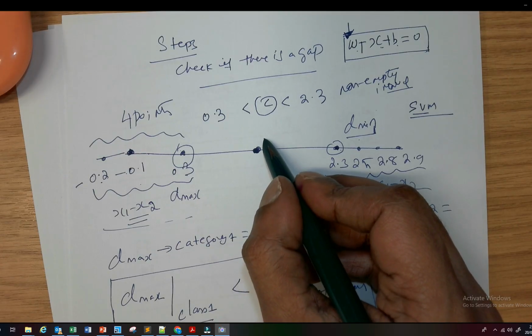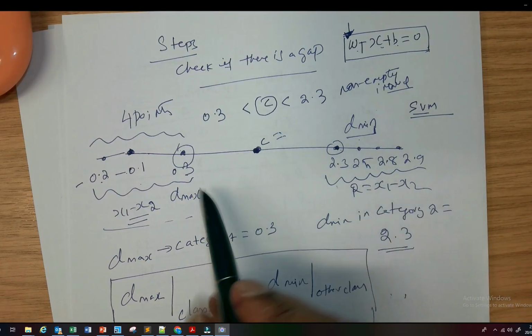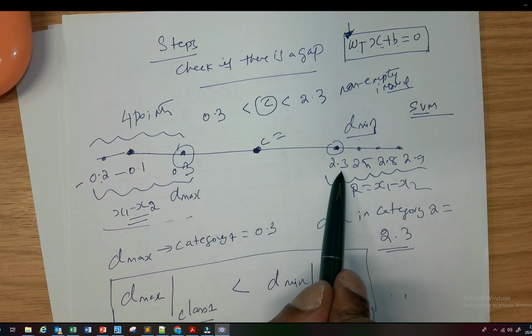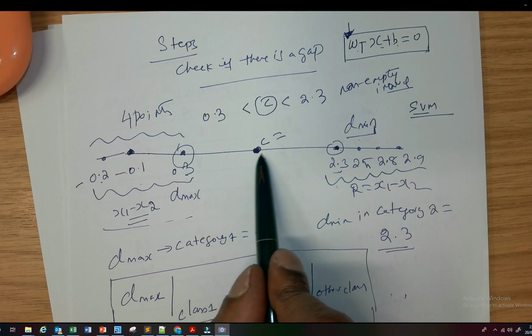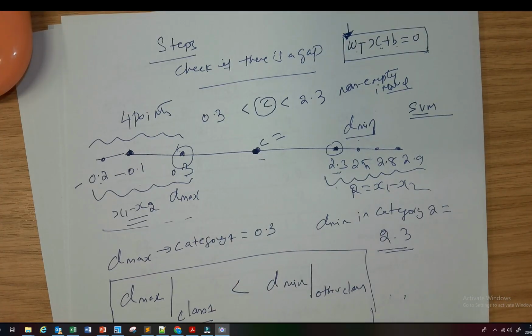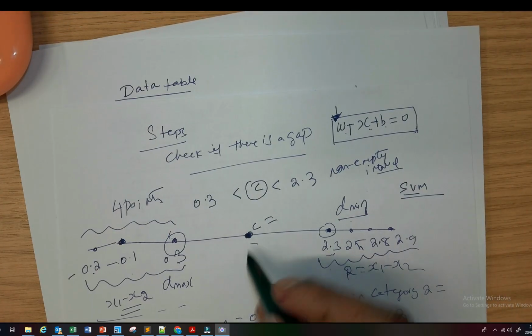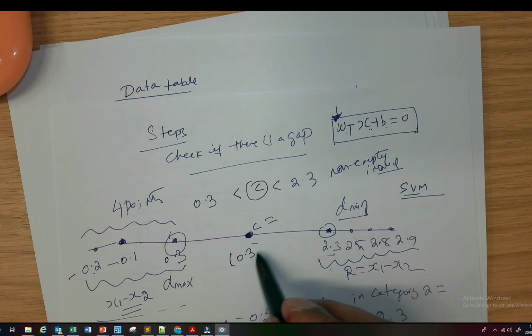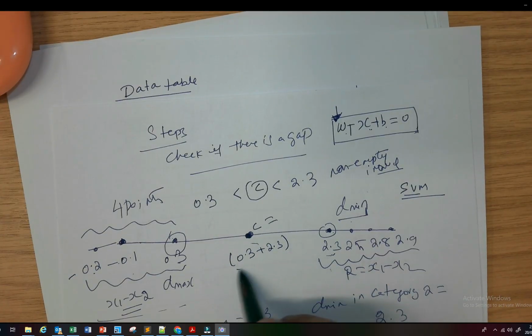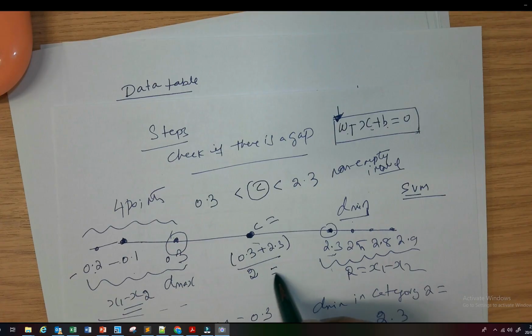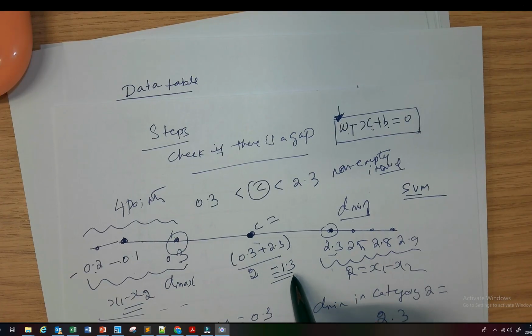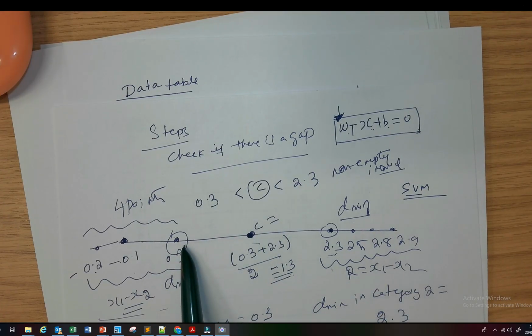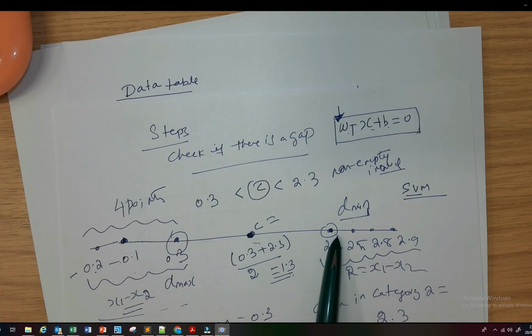This point, let's say C, will be equal to 0.3 plus 2.3 divided by 2. That should give the midpoint on this line, isn't it? So C will be equal to 1.3.